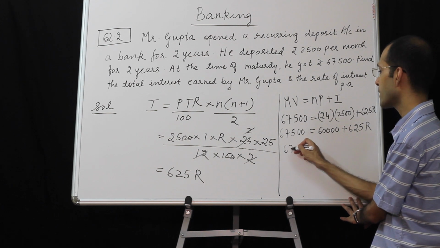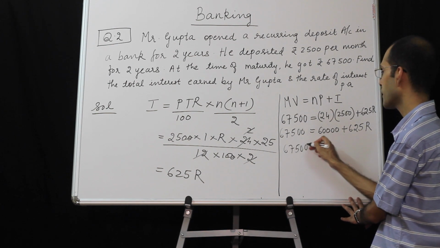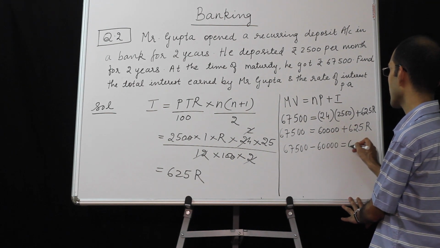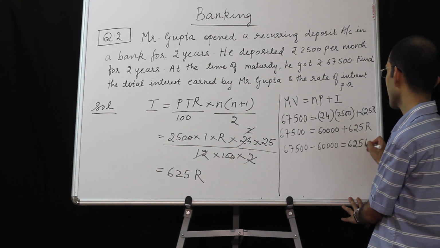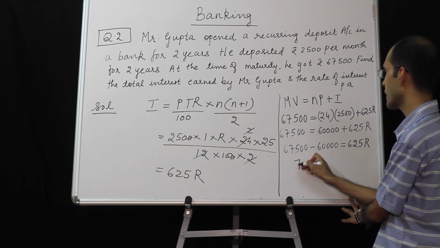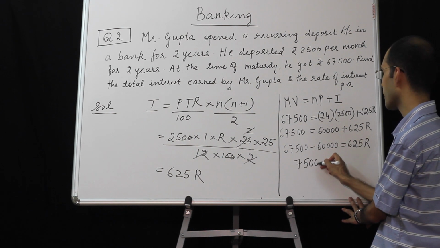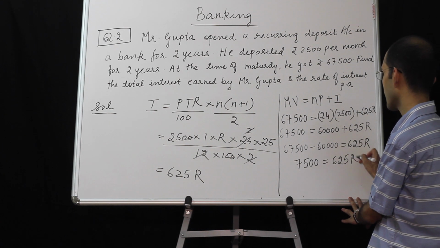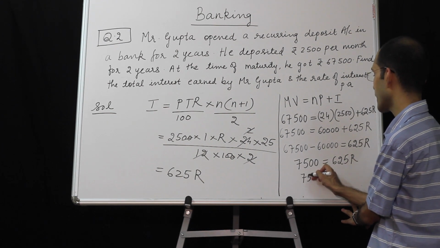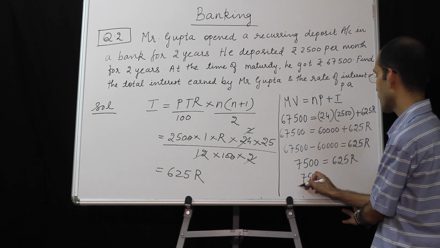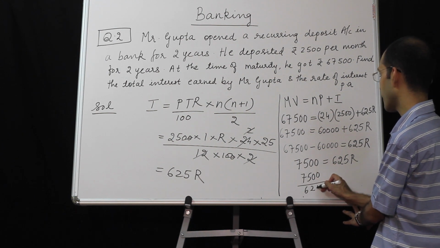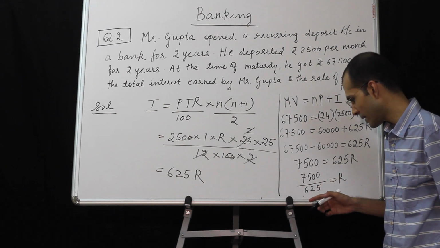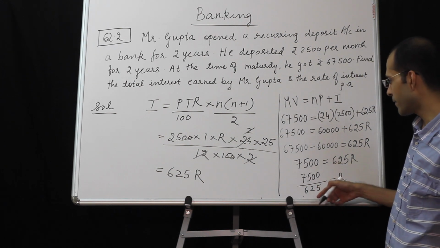So 67,500 minus 60,000 equaling 625 R. So you will have 7,500 is 625 R. So 7500 upon 625 is equaling R. So we can cancel with 25.